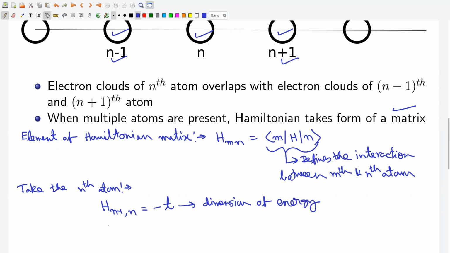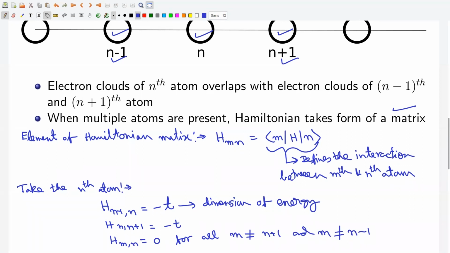Similarly, for the other neighbor, we have H_{n+1,n} = -T. H_mn is equal to 0 for all m not equal to n+1 and for all m not equal to n-1, because there is no interaction other than the interaction between the nearest neighbors.